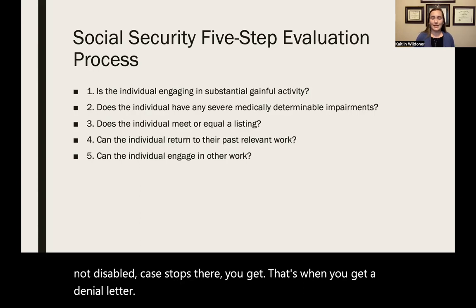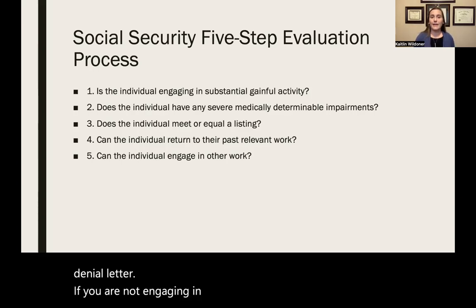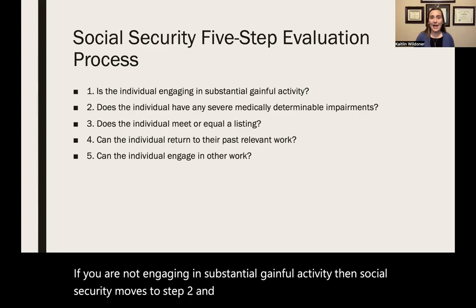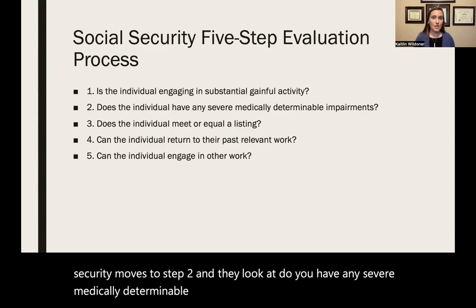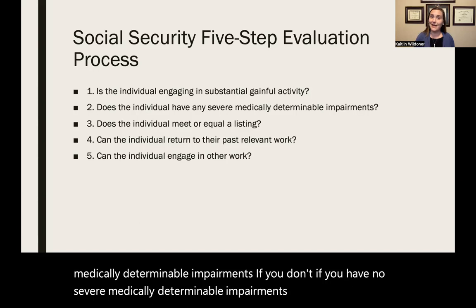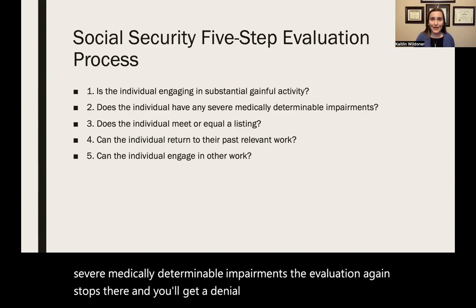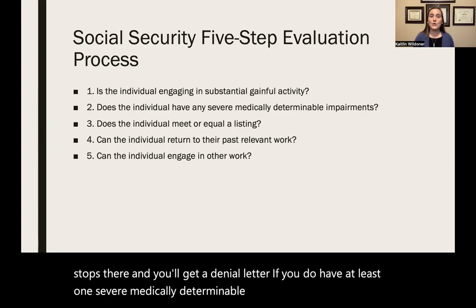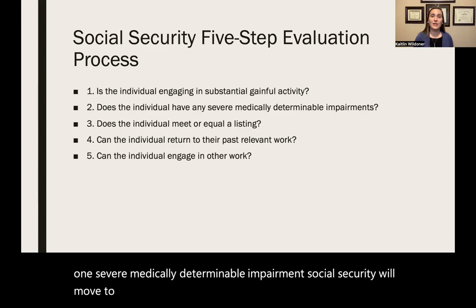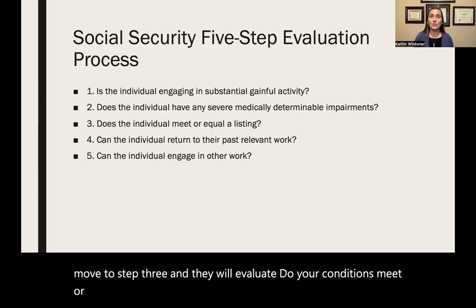If you are not engaging in substantial gainful activity, then Social Security moves to step 2, and they look at, do you have any severe medically determinable impairments? If you have none, the evaluation again stops there and you'll get a denial letter. If you do have at least one, Social Security will move to step 3 and evaluate, do your conditions meet or equal one of their Bluebook listings?